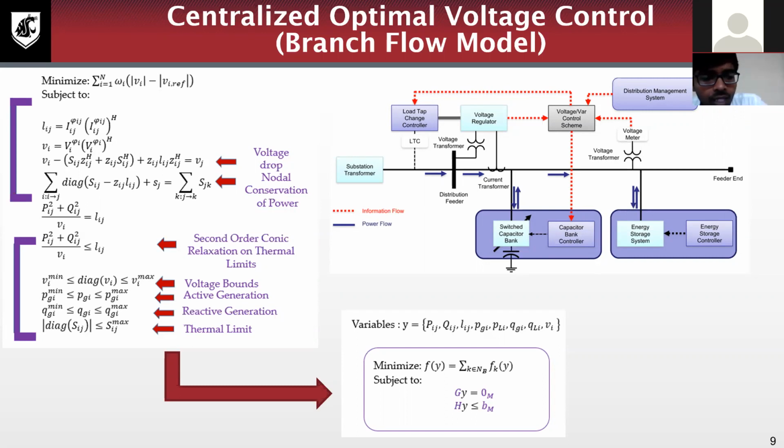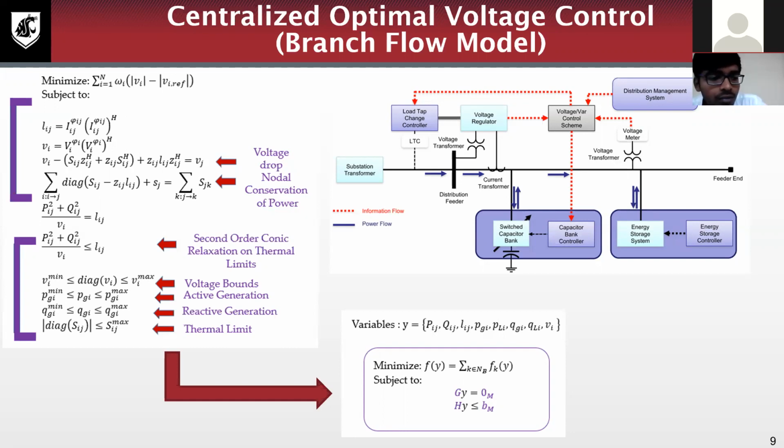So what researchers do is that they relax it. They relax it in such a way that they use this inequality, which is known as the second order conic relaxation inequality. If we use this second order conic relaxation, or SOCP or SOCR, then it becomes a second order conic programming problem.